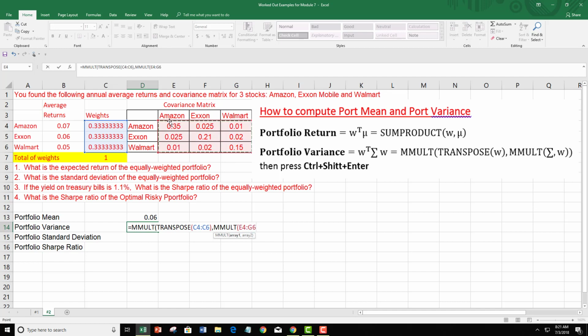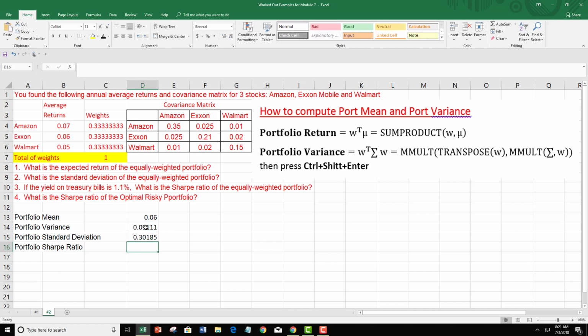And comma, again the W, that means the weights, and bracket close and another bracket close. Once you input all this information, don't just enter. You have to press Control Shift Enter all together, and that gives you the portfolio variance. Once you have the portfolio variance, now you can easily compute the portfolio standard deviation, which is the square root of the variance. So that gives us the portfolio standard deviation.